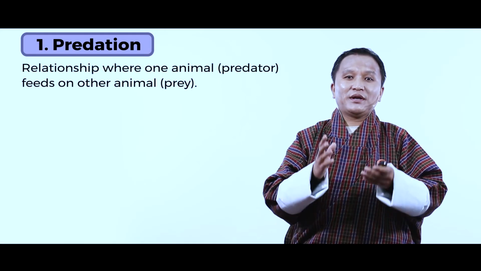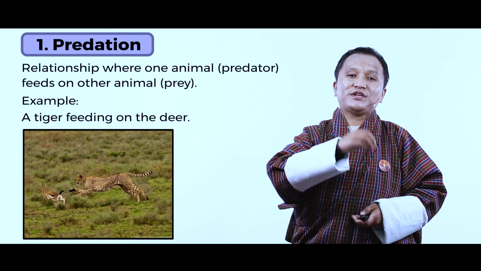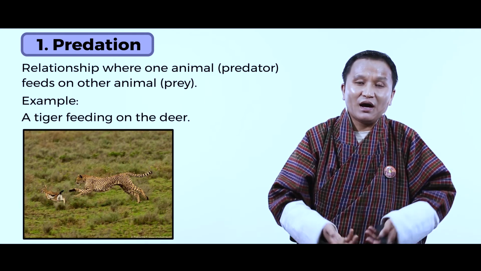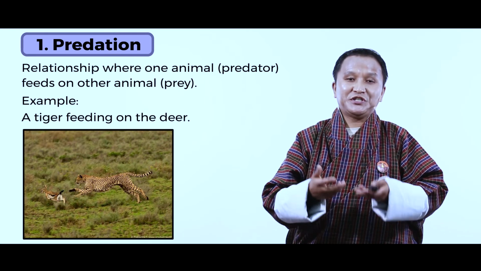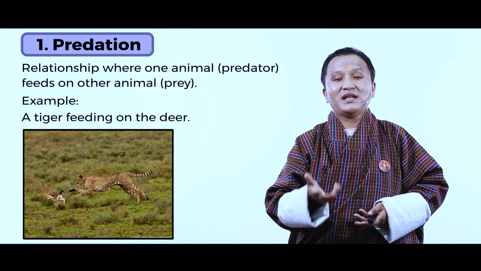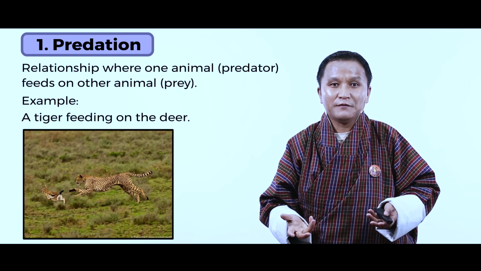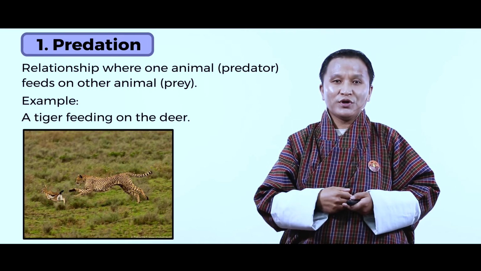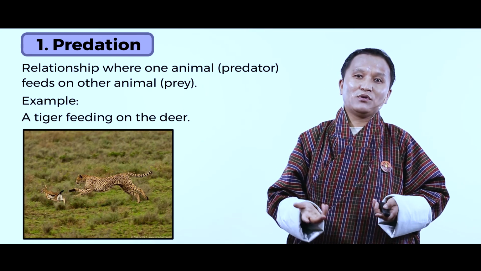Predation, we have already talked about. A tiger feeding on a deer, a snake feeding on a rat, a bird feeding on plants becomes predation. The tiger in the example becomes a predator while the deer becomes the prey. So the prey is killed while the predator gets the food to eat. That is an example of a negative interaction.